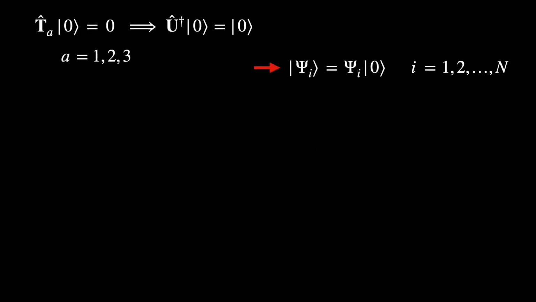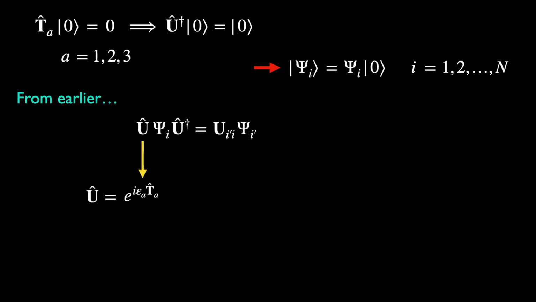Now let's figure out how these states transform under the generators of the symmetry. We can use the result from earlier on the transformation of fields. Let's expand both sides in a power series in the parameters epsilons.